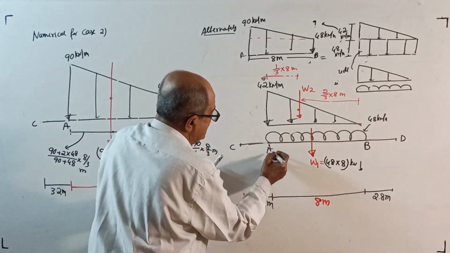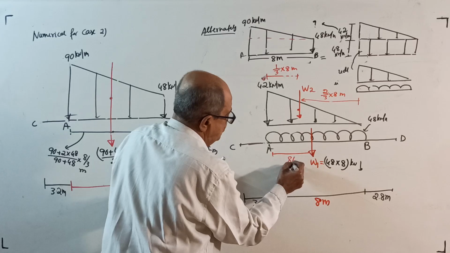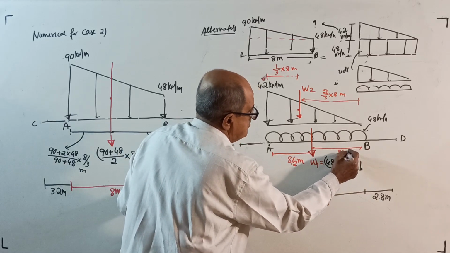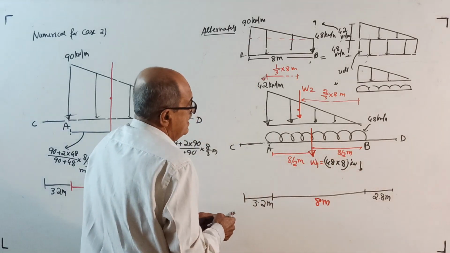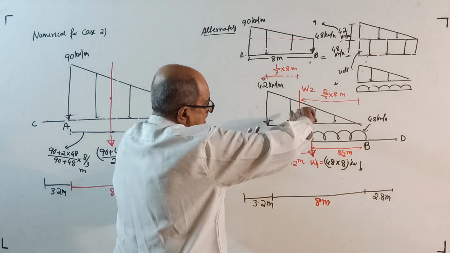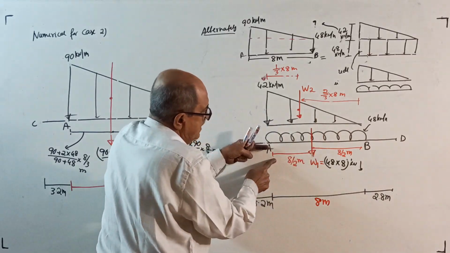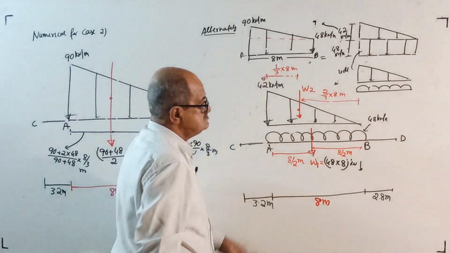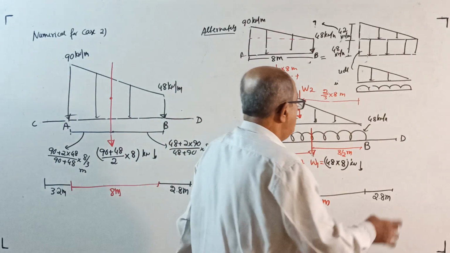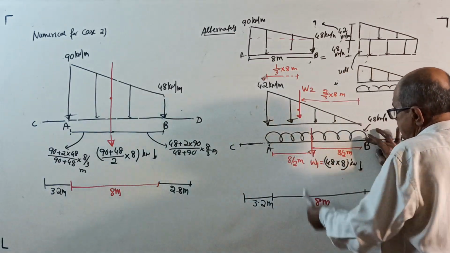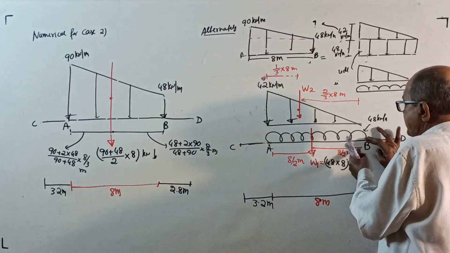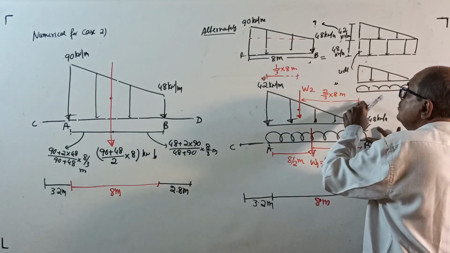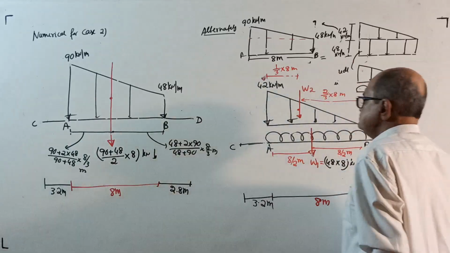Everybody knows the answer for this: 8 by 2, 8 by 2 meter. Moment about A: both are clockwise. This load into 8 by 2 meter, this load into 1 by 3 of 8. Moment about B: this load, 48 into 8 by 2, anti-clockwise, and this load into 2/3 of 8, anti-clockwise.